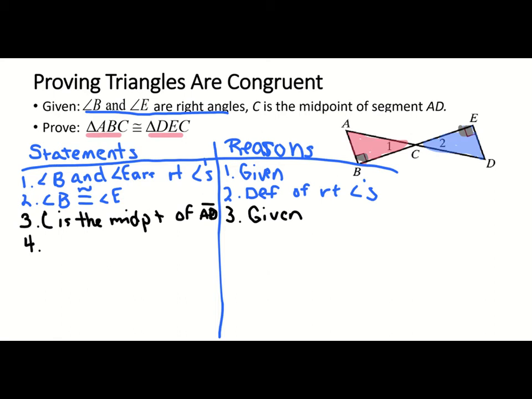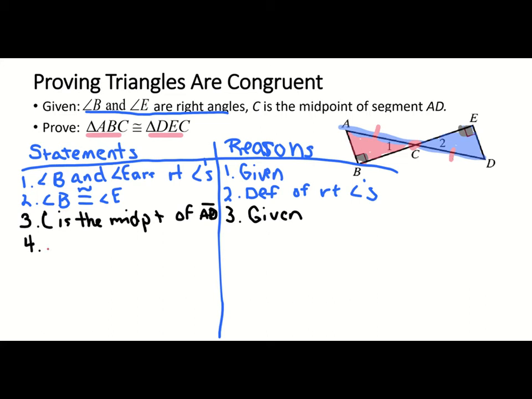Right now I know that C is the midpoint of segment AD, so it's only this segment right here. Remember, a midpoint divides a segment into two equal parts. So that means that AC and DC are going to be congruent.